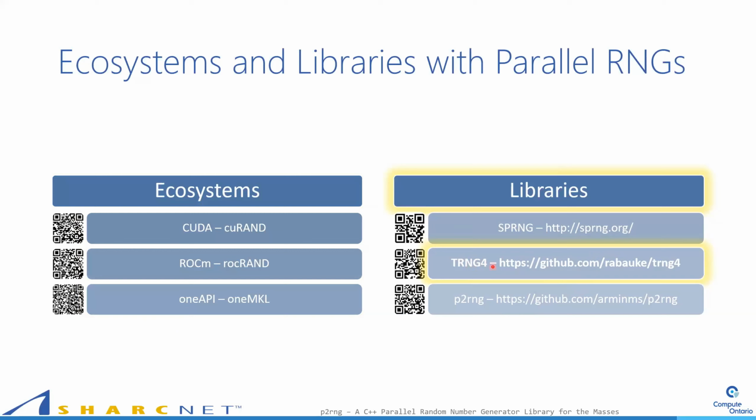But TRNG4 is by far the most complete parallel random number generation library that is also compatible with C++11. While TRNG4 provides all the necessary classes, methods and tools, it doesn't provide any implementation of parallel algorithms. And depending on the problem, you should do it yourself.